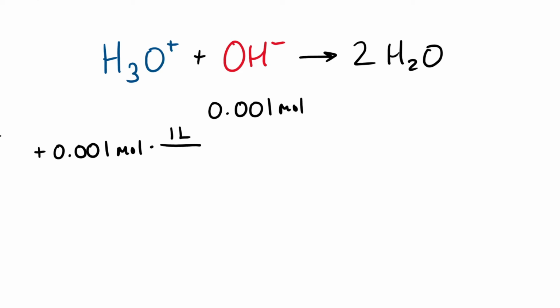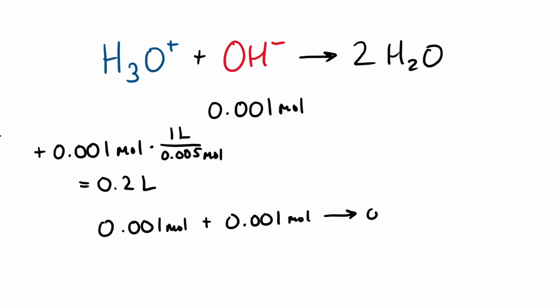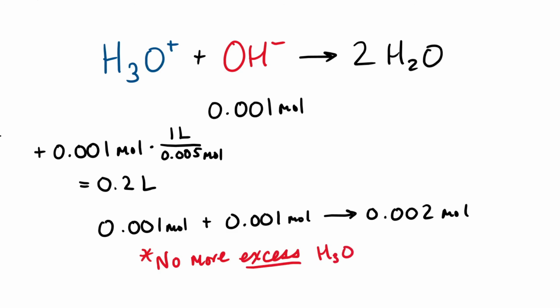And here's where we can use the concentration as a conversion factor between moles and volume. We multiply the amount that we want by 1 liter per 0.005 moles to determine that we need to add 0.2 liters of the acid solution, leaving us with 2.2 liters of salty neutral water.